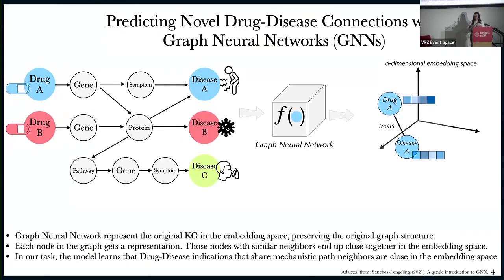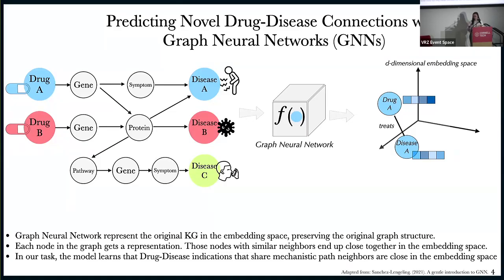But how exactly do we leverage this information in an efficient way so we can make such predictions? So using graph neural network models, we can basically create a simpler representation of our graph in the embedding space, where the idea is that those nodes that have similar connections or share a similar neighborhood should end up close together in the embedding space.